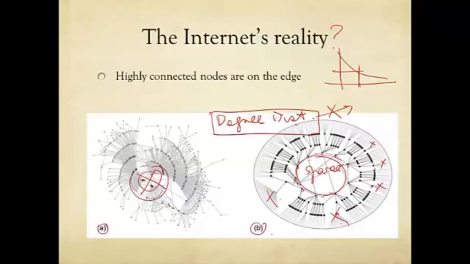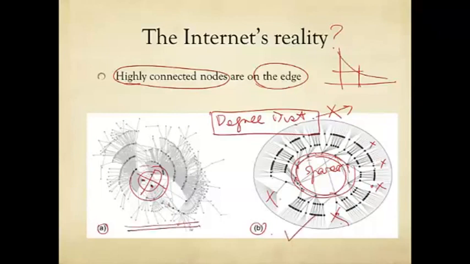In other words, highly connected nodes, routers with a lot of interfaces, are much more likely sitting on the edge. And what's in the middle is usually medium to low degree. That is the internet's reality. This picture does not fit the empirical data, does not fit the actual AS, does not fit the actual router graph.